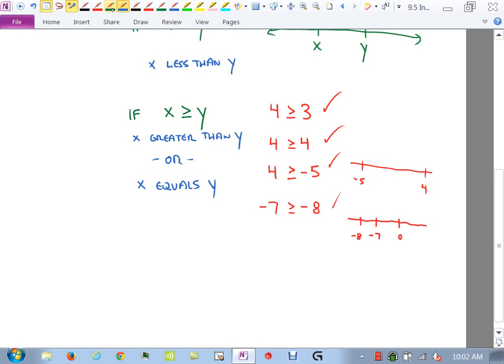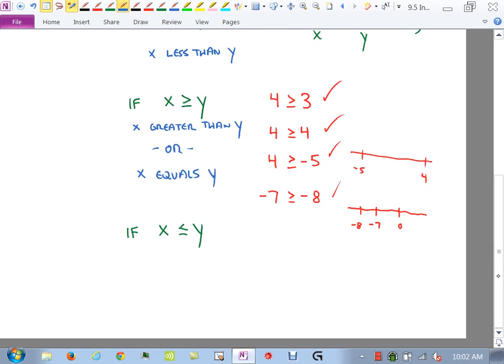And then, of course, if I flip it around and do the last symbol, how is x related to y here with this last one? X is less than or equal to y.